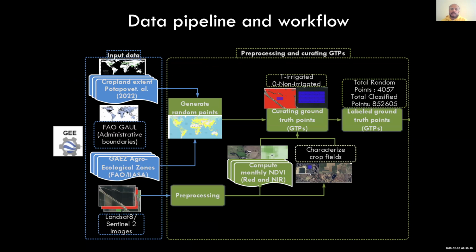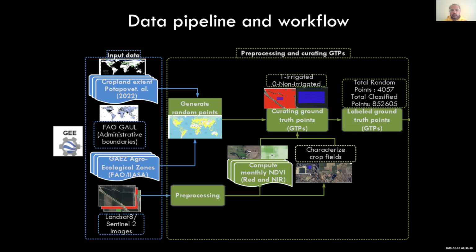The cropland extent dataset at a resolution of 30 meter pixels, a binary classification of whether each 30 meter pixel is cropland or not, is extracted from the University of Maryland global cropland expansion dataset. Also, the administrative units and the satellite data are gathered directly from Google Earth Engine, which provides administrative boundaries.